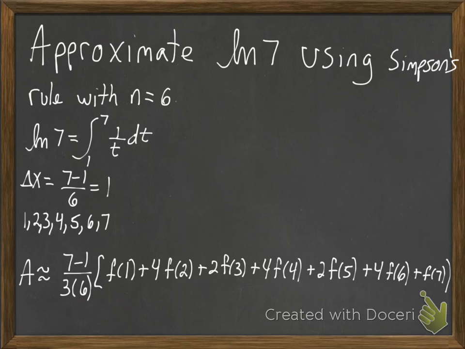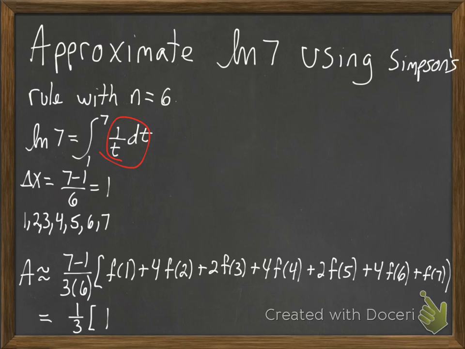Well, 7 minus 1 over 3 times 6 would be 6 over 18, would be 1/3. And then we just go through. F of 1 would be 1. Remember, our function is 1 over t, or 1 over x. So evaluating it would be 1 over 1.